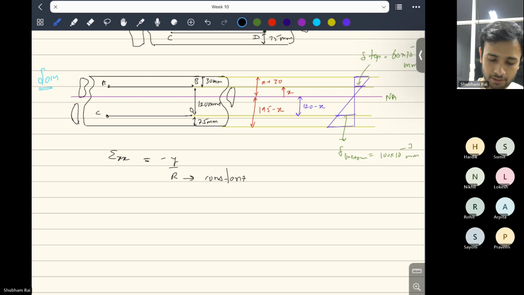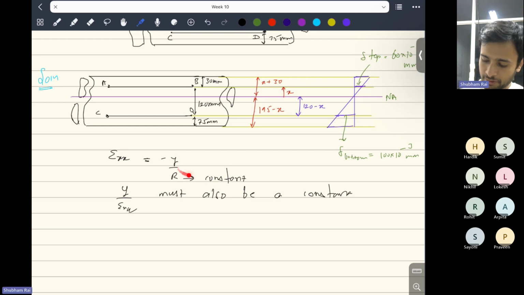So we can say that y divided by epsilon xx is also constant. Why? Because y by epsilon xx is equal to r, and r is a constant, so y by epsilon xx will also be constant.